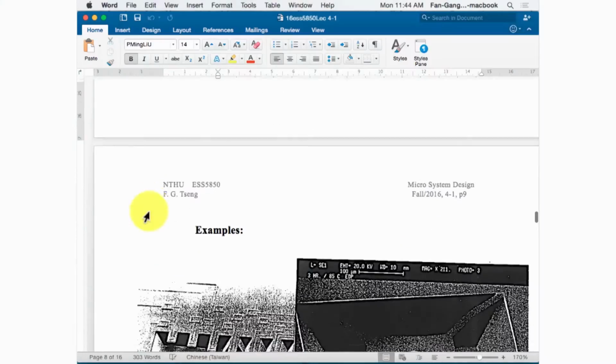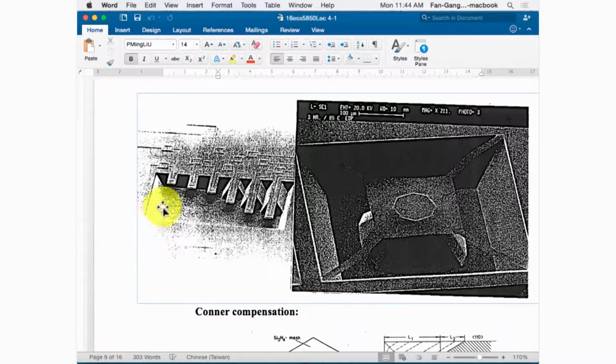Okay, for corner compensation, for example, this is the real experimental result from the cantilever beam we just mentioned. After a certain time of etching, you can see at the convex corner the material can be attacked. For some longer beams, you can still see some material left underneath, right? But for shorter beams, the underneath material has been taken away thoroughly.